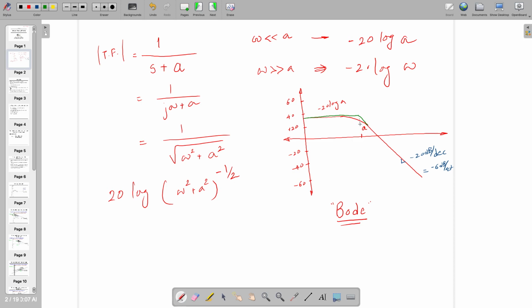So till a you will have the magnitude of minus 20 log a, and thereafter there is a sharp slope which is minus 20 dB per decade. This is what you are going to observe. So this is what Bode told. We are not going to make something minus 3 dB down or something like that, right? We are going to draw the sharp lines.